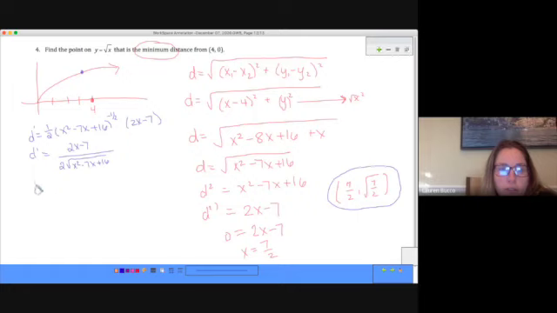We want to set the derivative equal to 0 and solve. Well, what is the first thing that happens? You want to multiply both sides by the denominator, and this whole thing's going to go away, right? And you're going to have 0 equals 2x minus 7. So once again, you're going to get x equals 7 over 2.